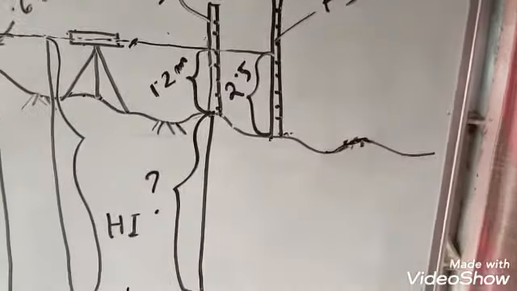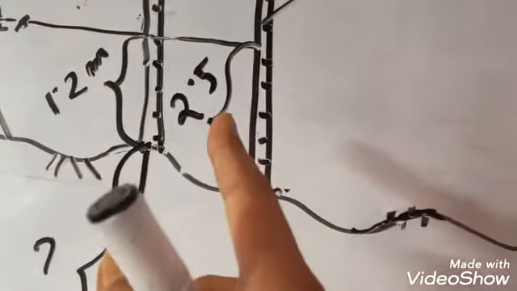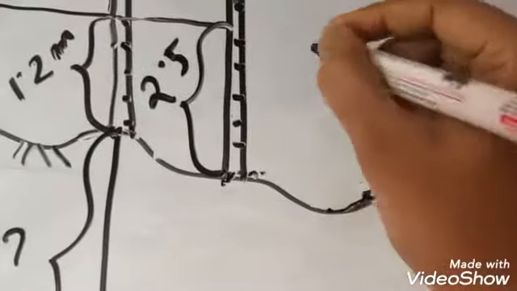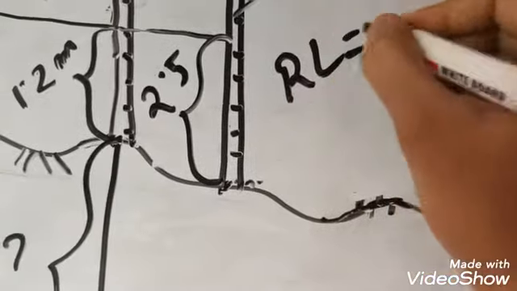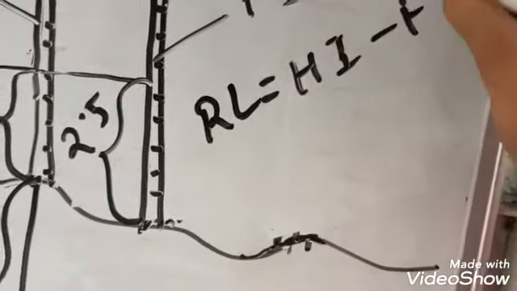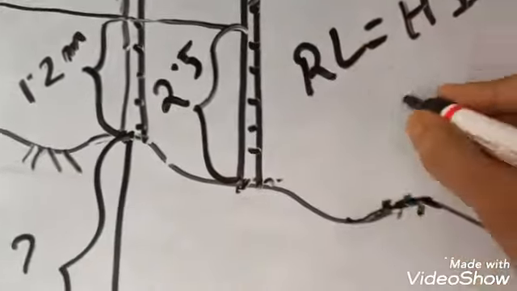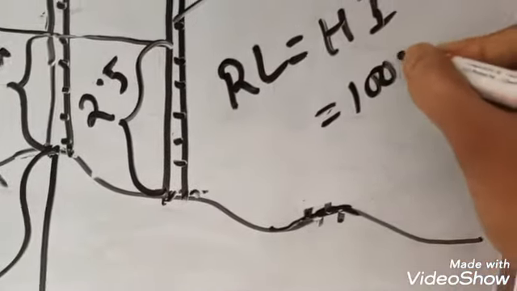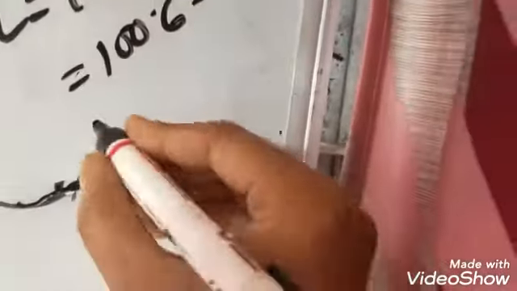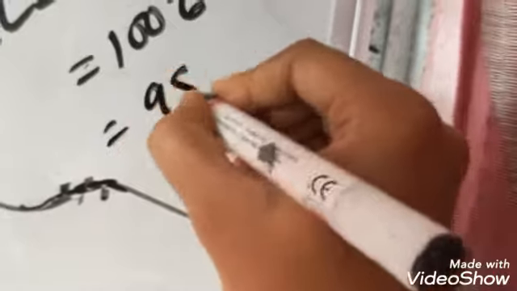So again, how to find out the RL of this point? RL of this point is height of instrument minus foresight. Foresight is 2.5, so height of instrument was 100.6 minus 2.5, and this comes out to be 98.1 meter.